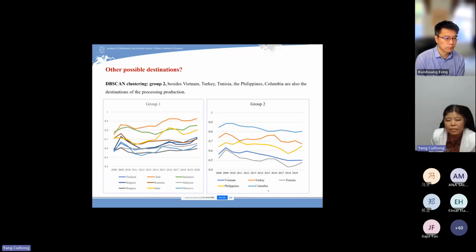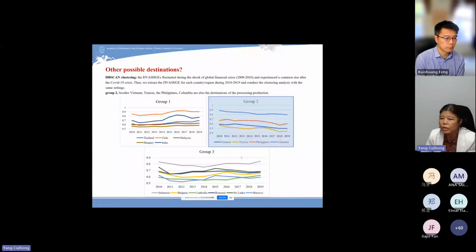So next we deleted the data of 2008 and 2009, and we have a new group. We can see that Turkey is not there, and Tunisia, Philippines, and Colombia show very similar results with Vietnam. So we suppose that these 4 economies may be hosts of processing trade.